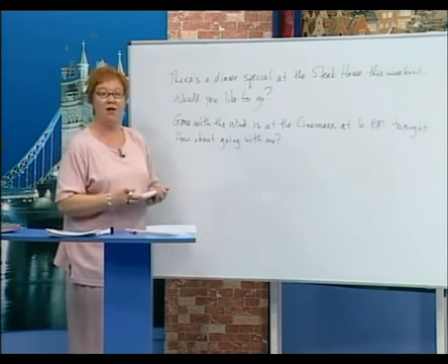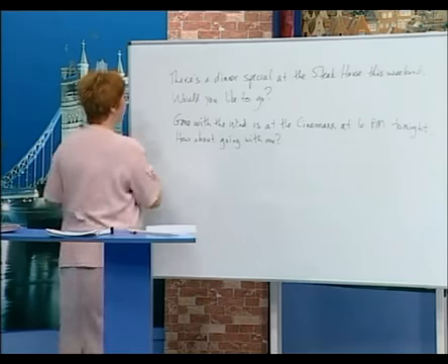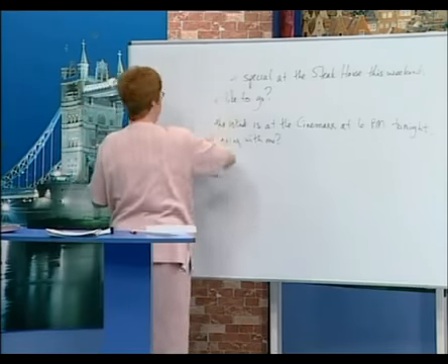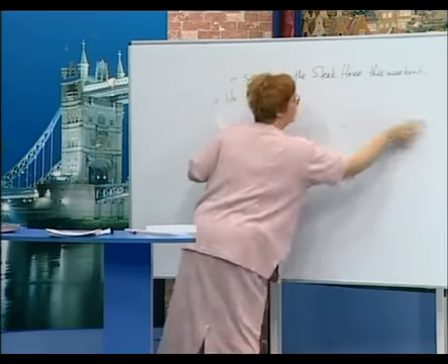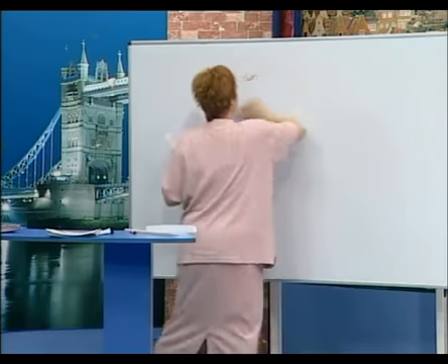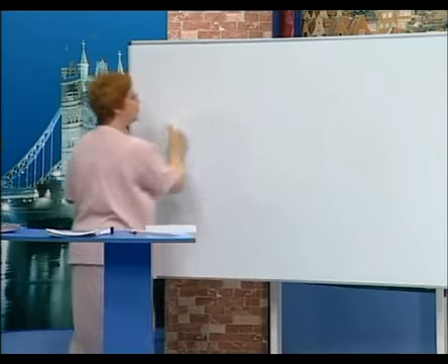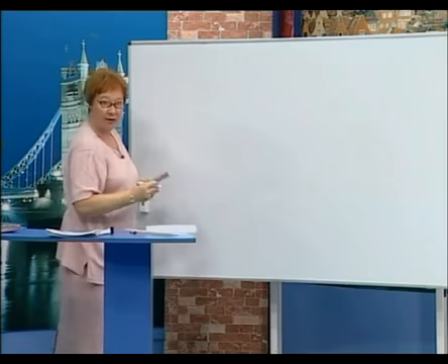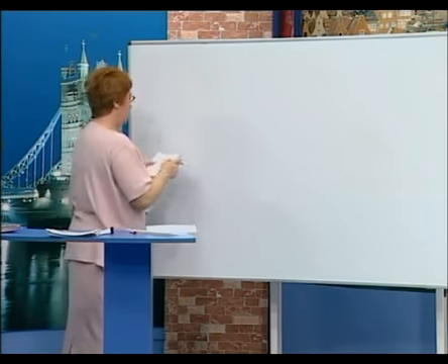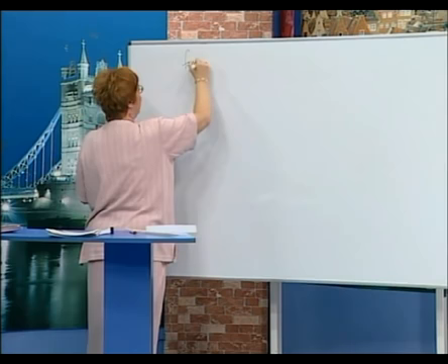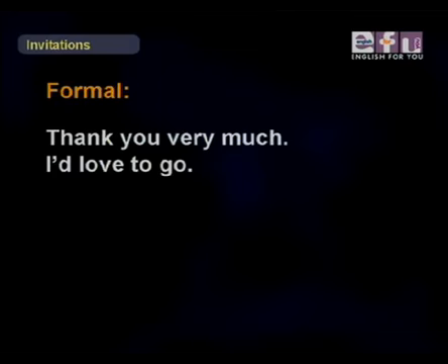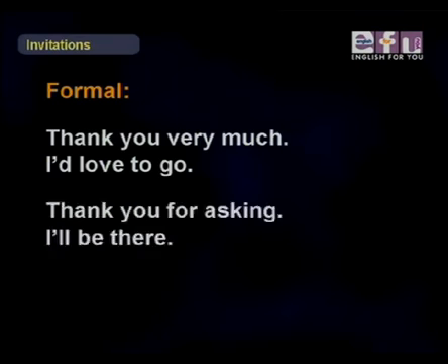Now, let's talk about accepting invitations again. And this is what they can look like. So this is if you want to go, okay? You're saying yes. So formal, we have: Thank you very much. I'd love to go. Thank you for asking.